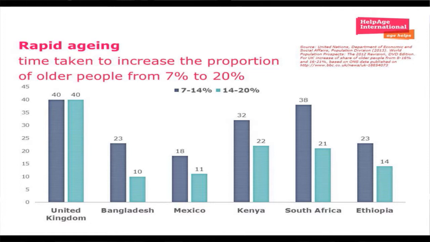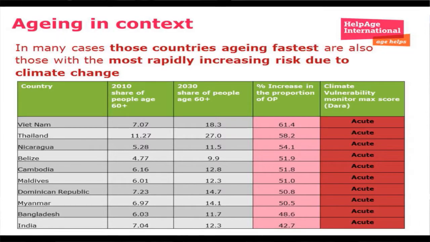In Bangladesh, that first 40 years is reduced to 23 years, and the trend is continuing with an even more rapid aging process. Only 10 years for Bangladesh to go from 14% of the population to 20%, which has implications for how the country is prepared, responds, and starts to take the aging process into account.